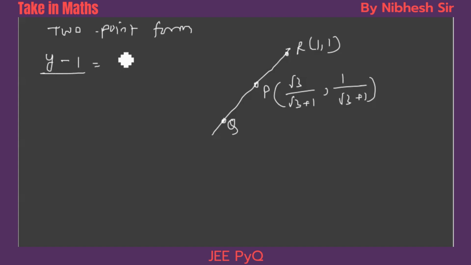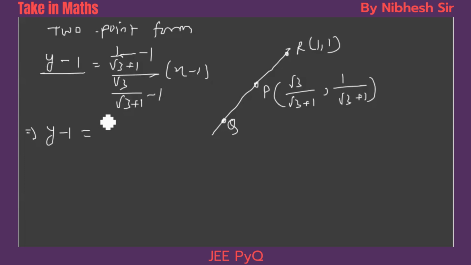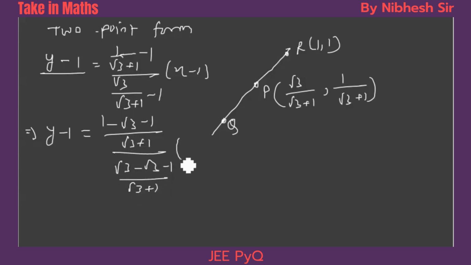The slope is y2 minus y1 divided by x2 minus x1. So 1 minus 1 by root 3 plus 1, divided by 1 minus root 3 by root 3 plus 1, into x minus 1. Simplify this: y minus 1 equals (root 3 plus 1 minus 1) divided by root 3 plus 1, over (root 3 minus 1) by root 3 plus 1, into x minus 1.